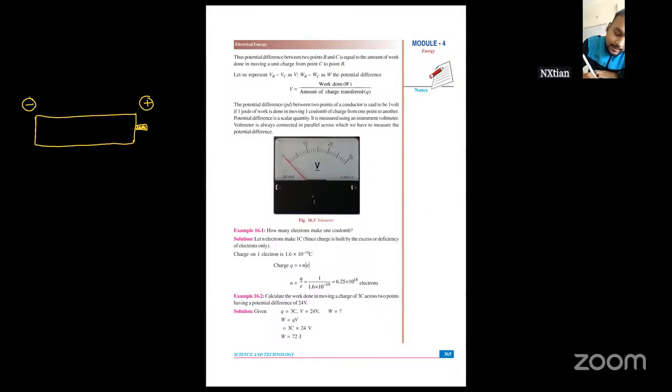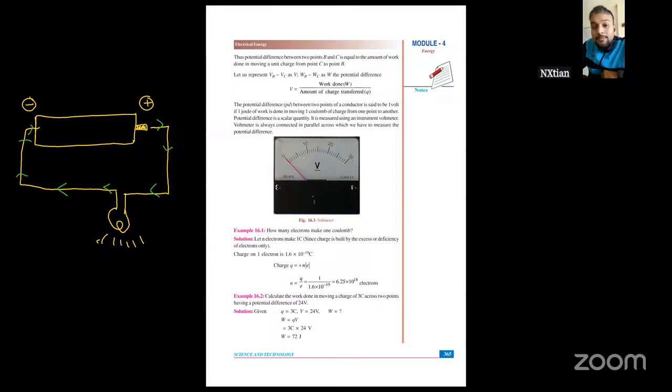If I place a cell to turn on a bulb, the bulb will turn on. How? The charges move from the positive terminal to the negative terminal. Why is it moving? Because the positive terminal and negative terminal have a difference of 9 volt. That's why it's moving.